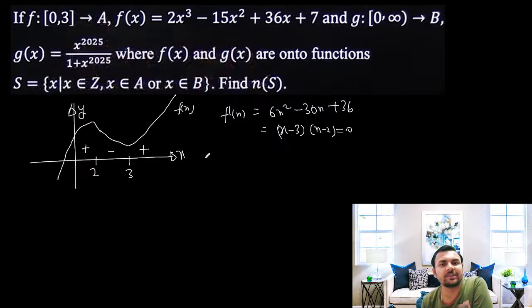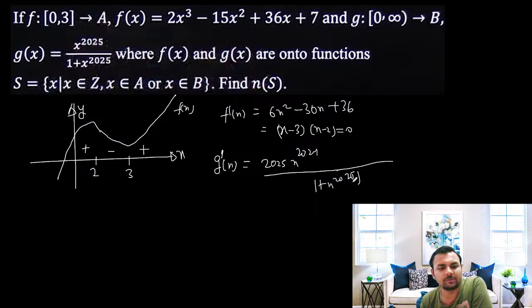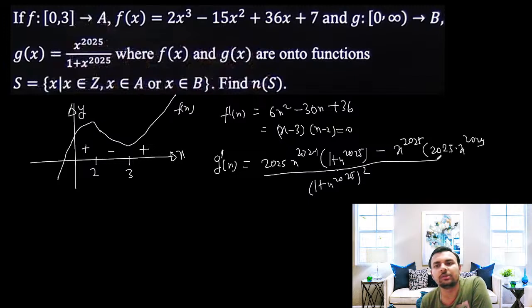Now for g(x), if we differentiate, we are going to get 2025 x to the power 2024 over (1 plus x^2025) whole square, times (1 plus x^2025) minus x^2025 into 2025 x^2024.